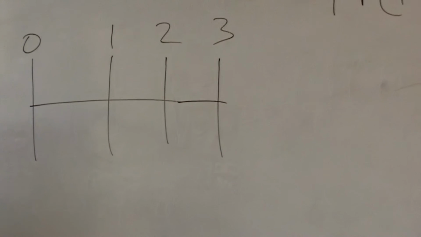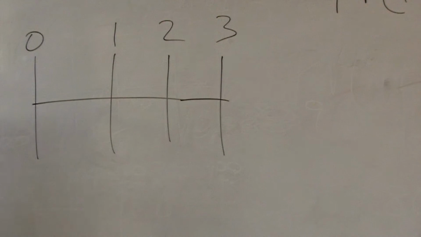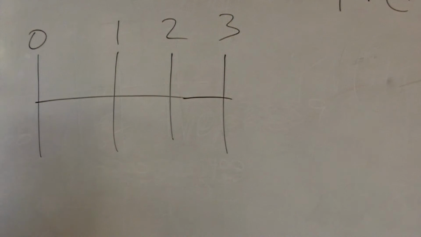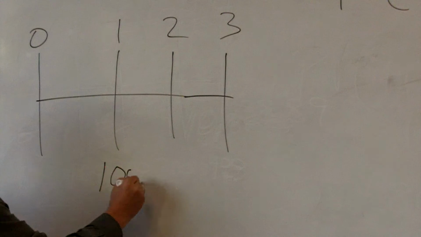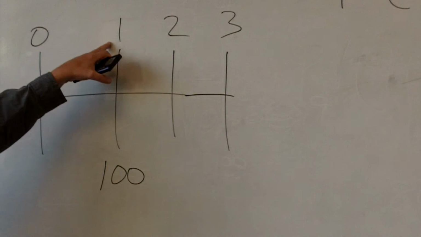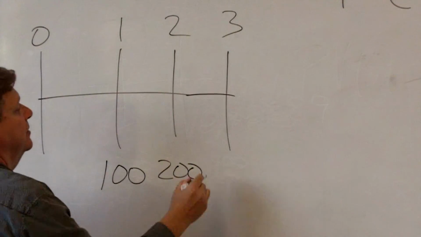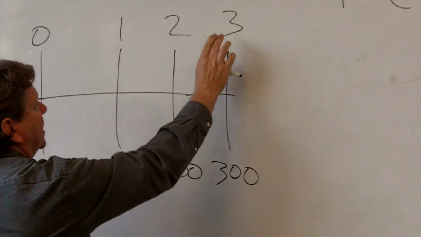All right, so let's suppose you have an investment opportunity that will pay you $100 at the end of period 1, $200 at the end of period 2, and $300 at the end of period 3.